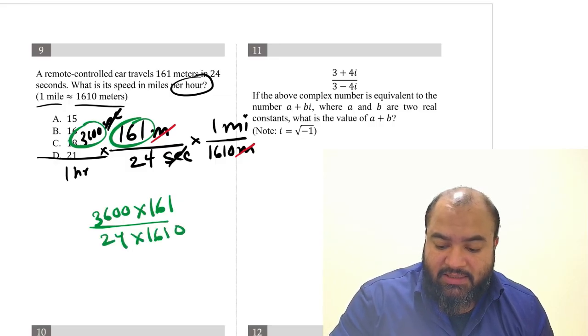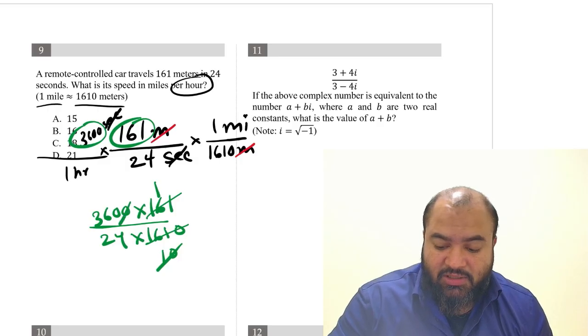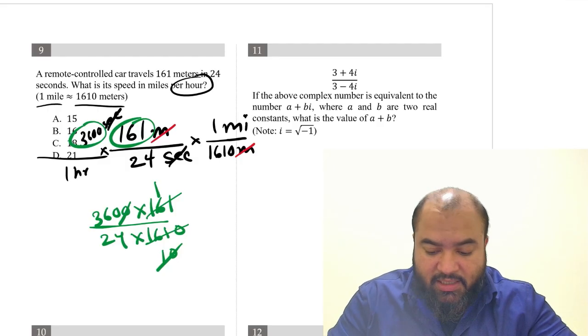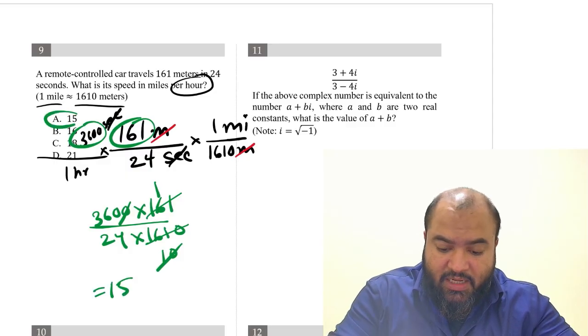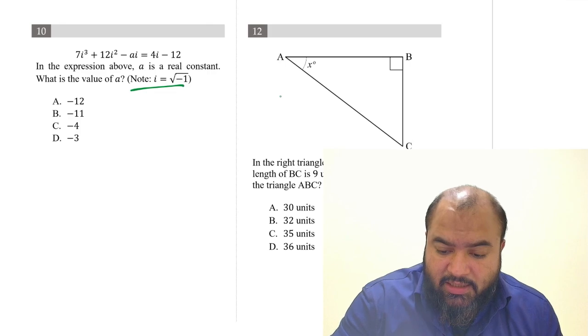Well, 161 over 1610 is just 1 over 10 if I simplify it. You can use calculator, of course. And the 0 is just going out. So 360 divided by 24, use calculator for that. Answer is 15, A.